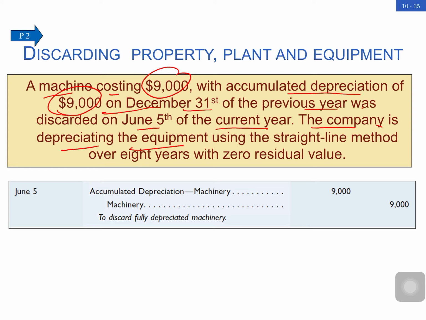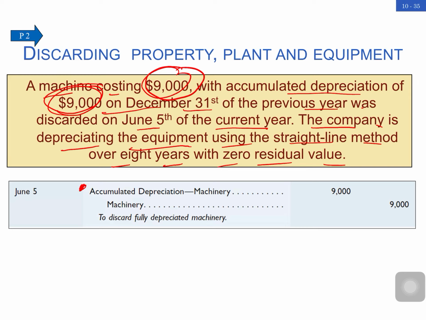The company is depreciating the equipment using the straight-line method over 8 years with zero residual value. So the machine costs 9,000 and it's already depreciated for 9,000. You're going to discard this PPE. So how are you going to record this?